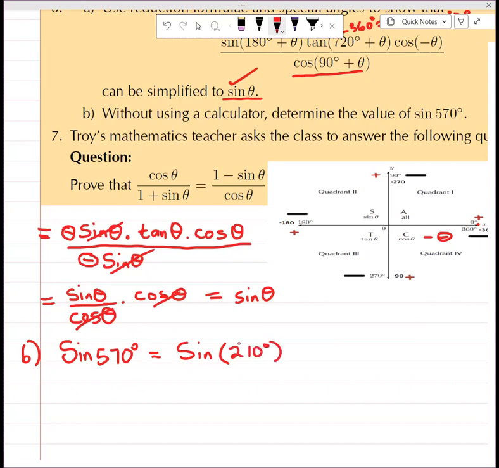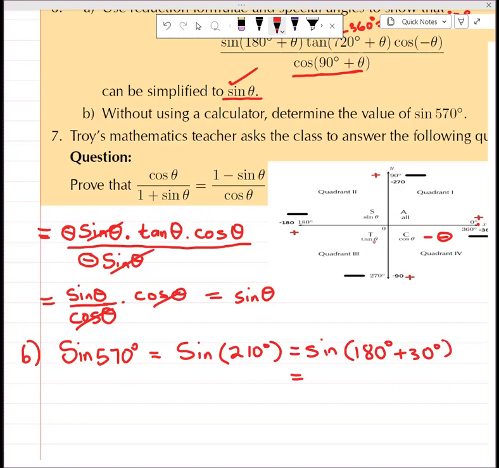The 360s, you can always just take them out because it's like you're just taking a 0 since they are all in the beginning. Makes sense? Perfect. Now, when it's like this, it's easier to work with. It's going to be sine. I see 210 is closer to 180 plus 30 degrees. So it's sine of 180 plus 30, basically.